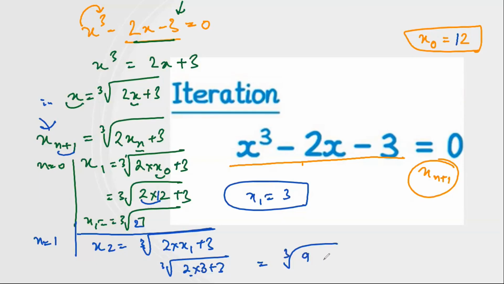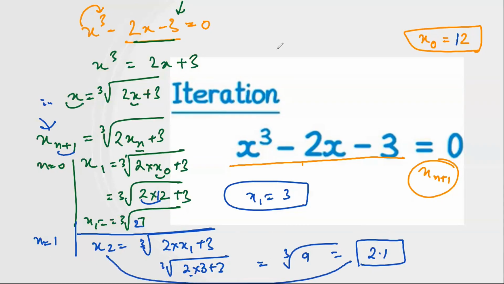So cube root of 9, it's difficult to find, so please find the decimal value. Some decimal value you will get. I think it is 2.01 or 2.02, let's say 2.1 only, we can take, right? So x2 I got as 2.1.